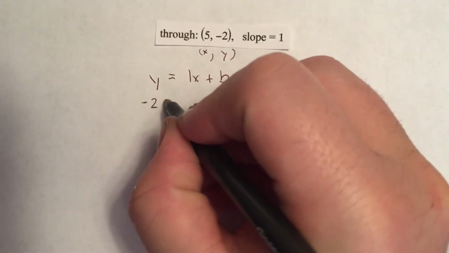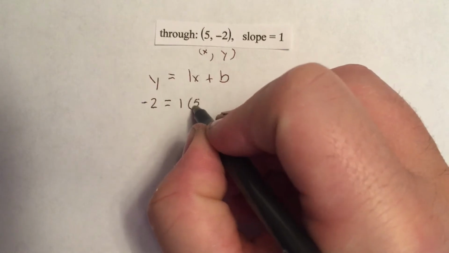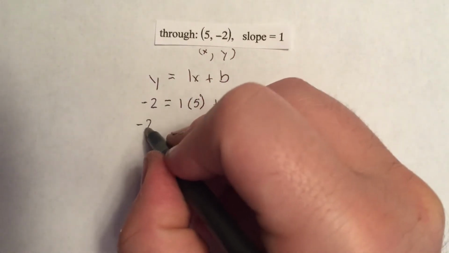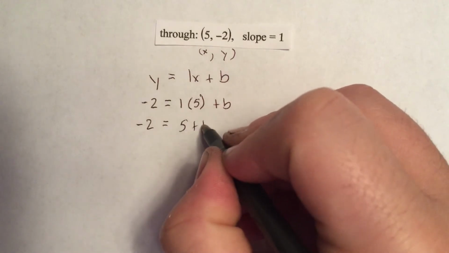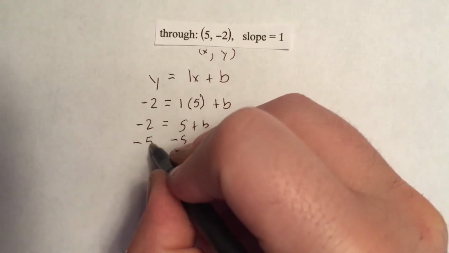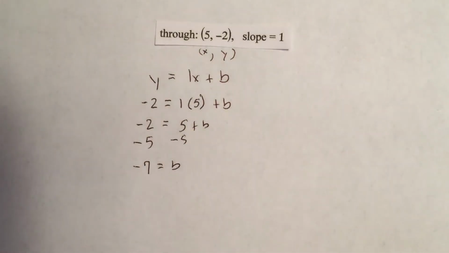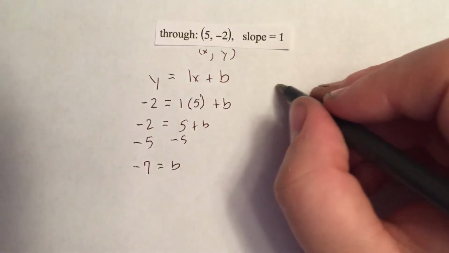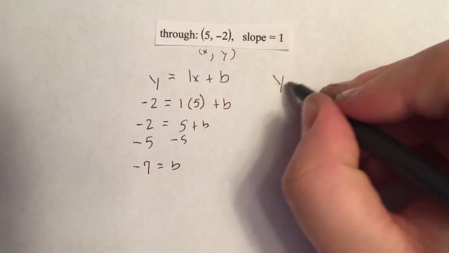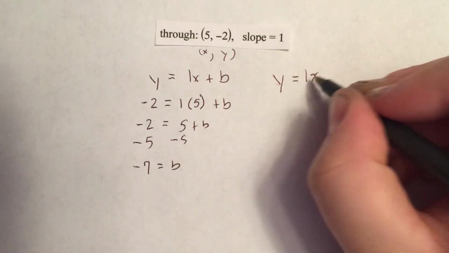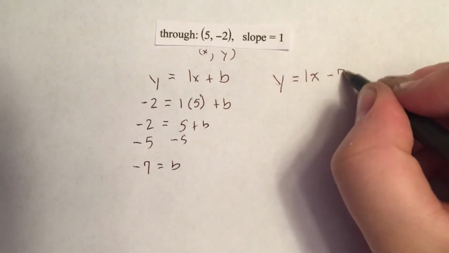The y is negative 2. The x is 5. Now we just need to solve for b, which is the y-intercept. We're going to do some inverse operations. We find that the y-intercept is actually -7. So our slope-intercept form is y equals 1x minus 7.